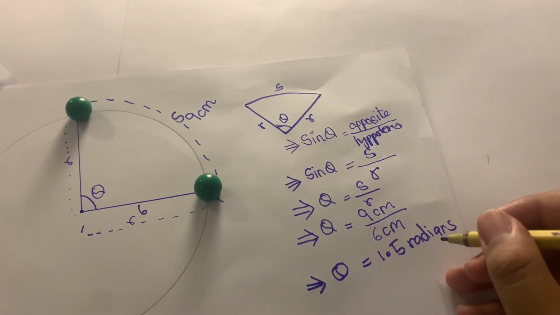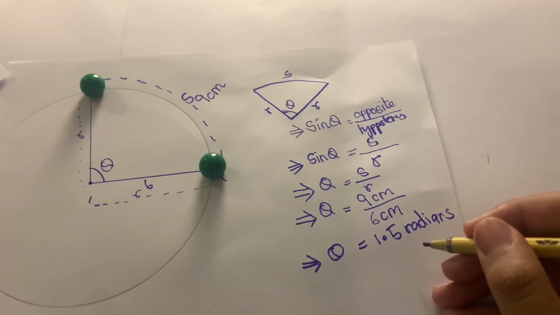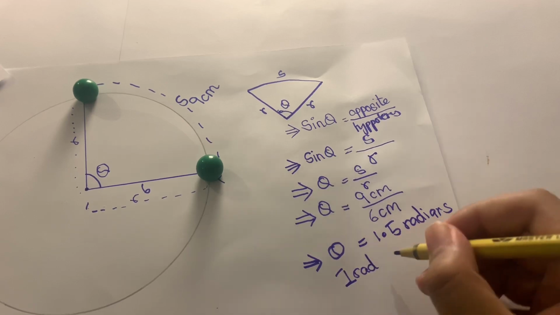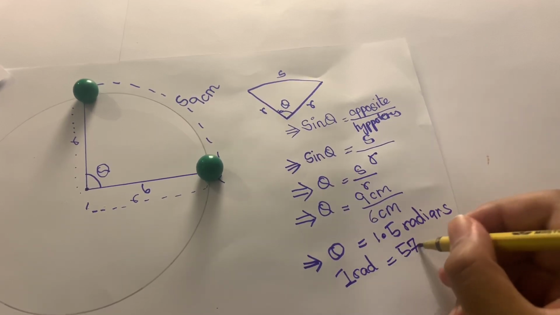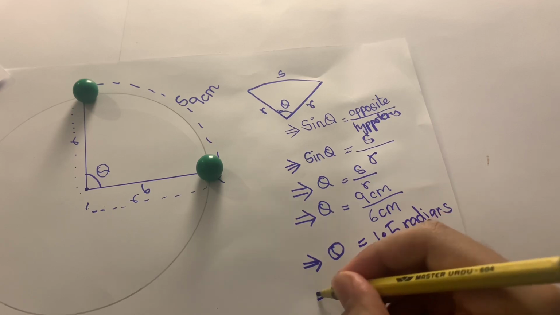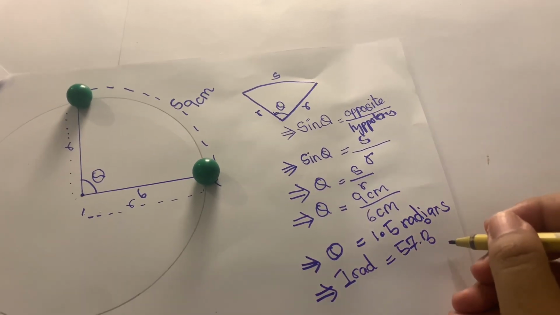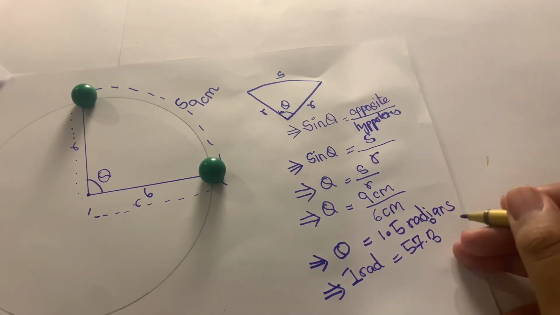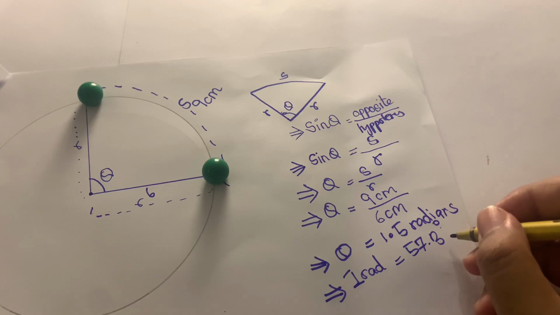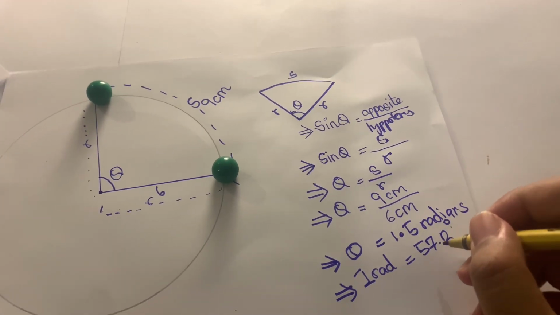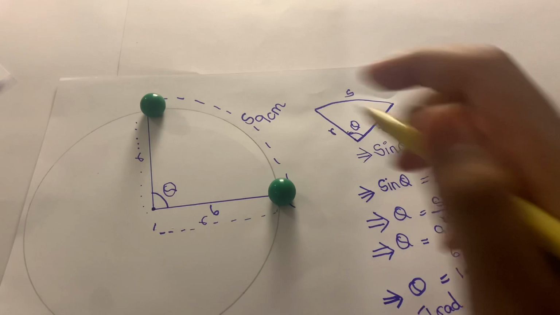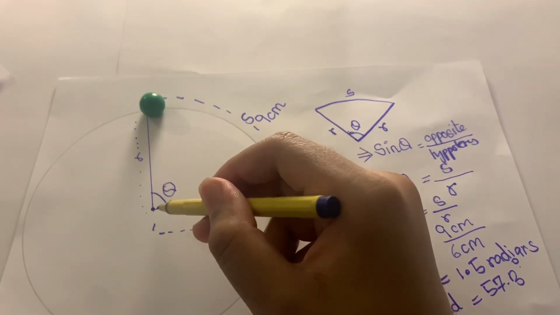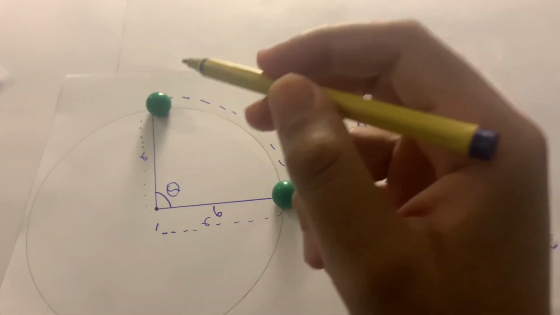Now you might be thinking, how many degrees is this? 1 radian equals 57.3 degrees. So to convert 1 radian to degrees gives 57.3 degrees. We will also define what 1 radian is. Imagine that this is the center point of the circle, and this is the radius.